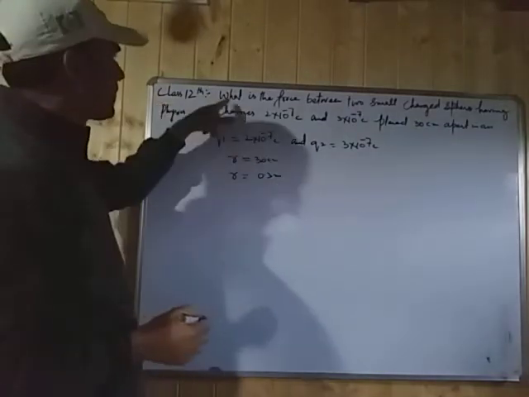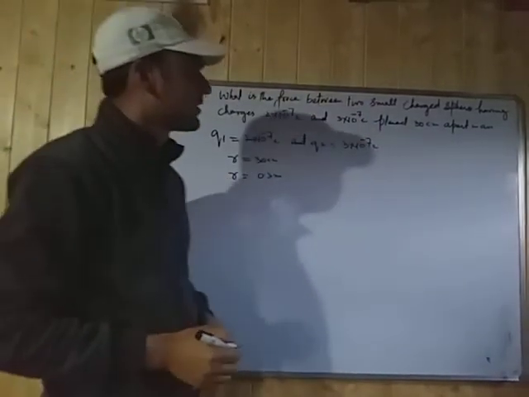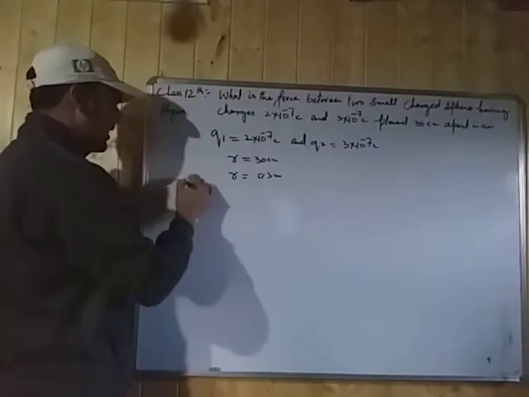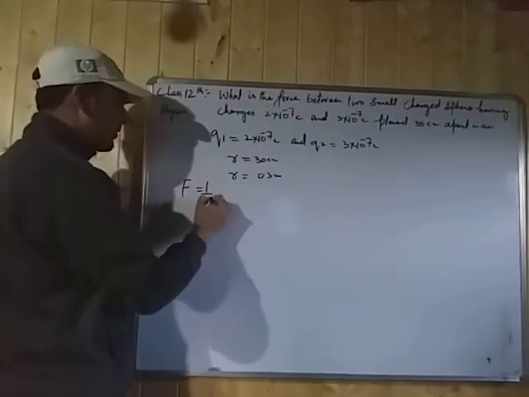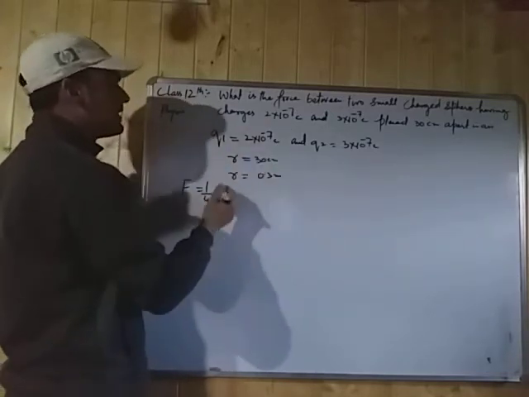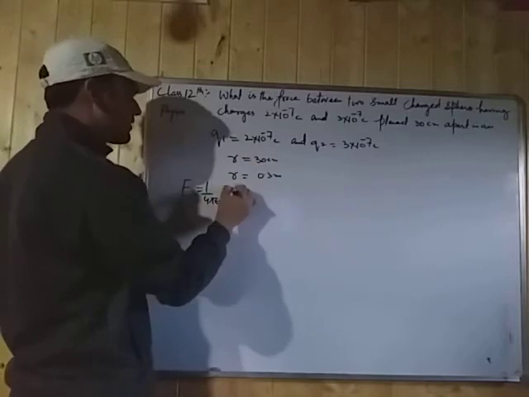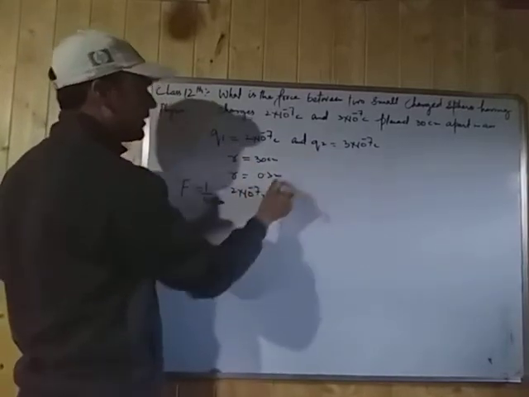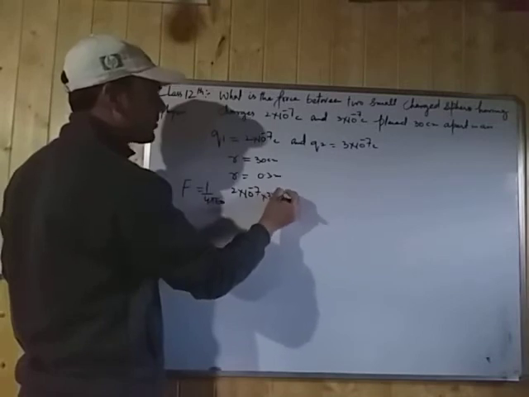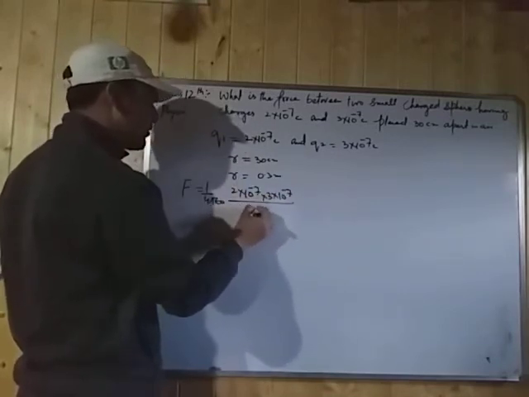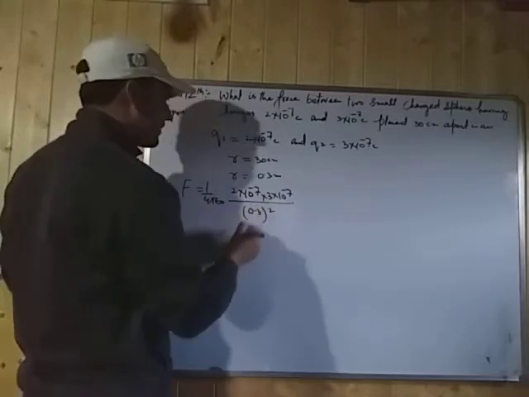So we have to calculate the force between the two charged spheres. So we'll apply Coulomb's law. We can write F is equal to 1 divided by 4 pi epsilon naught, Q1 Q2 by r squared. Q1 is 2 into 10 raised to power minus 7 into 3 into 10 raised to power minus 7, divided by 0.3 whole square.